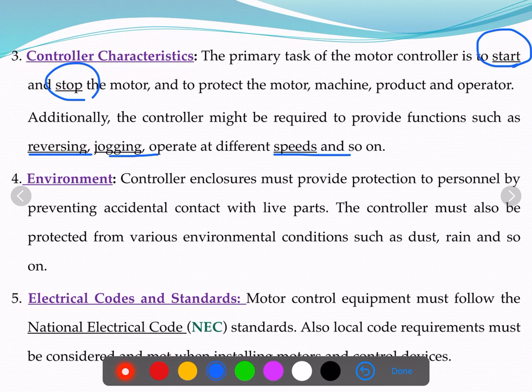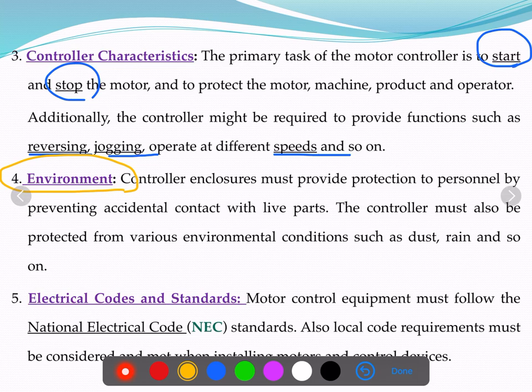Then ask yourself about the environment that your motor will be in. Is it in a humid environment? Is it hot? Is it underwater? So considering the environment is important when you are designing a motor controller.